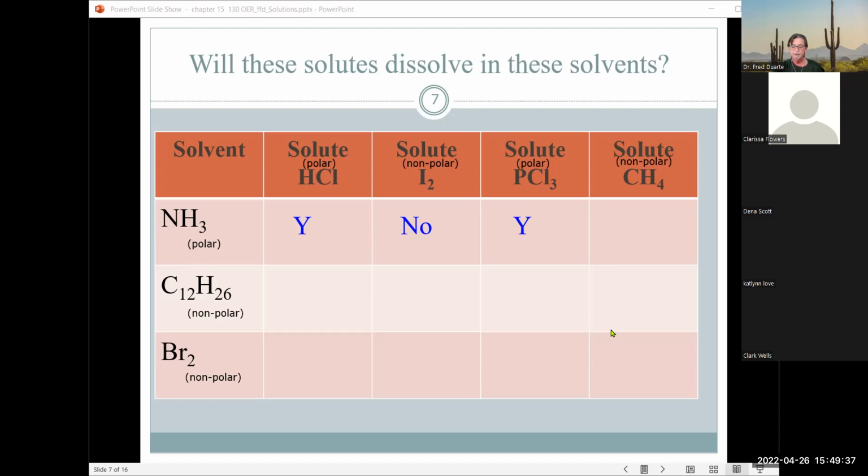Yes for PCl3, and obviously no for the CH4 methane. That is methane, by the way, CH4. No for the next combination, because we got a combination of the nonpolar and polar. Definitely yes for iodine. No for PCl3 because the differences in polarity. And yes for methane, okay? Again, because the same polarity.